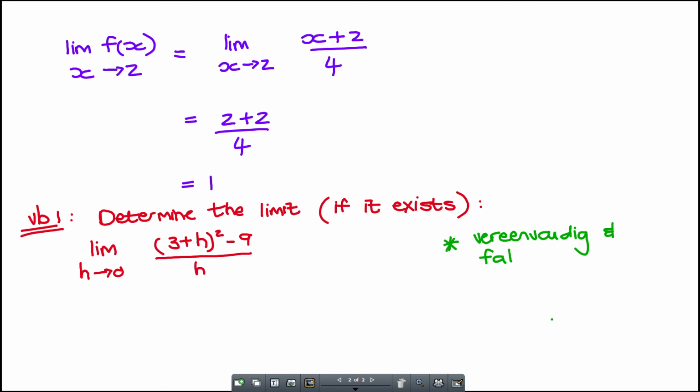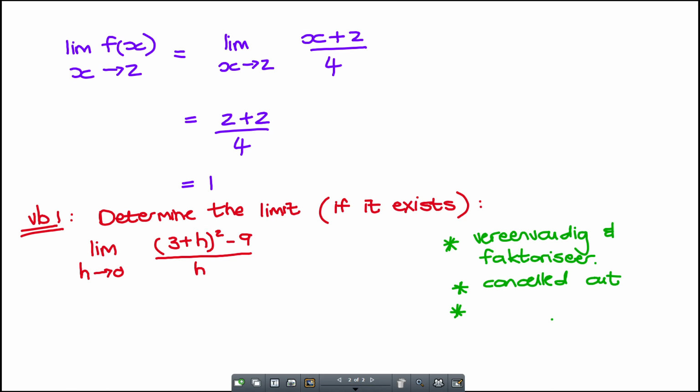Then after that, what did we do? Then we cancelled out. And then at the very end, if there's nothing more for us to do, then what did we do? We substituted in that value that we were striving towards.